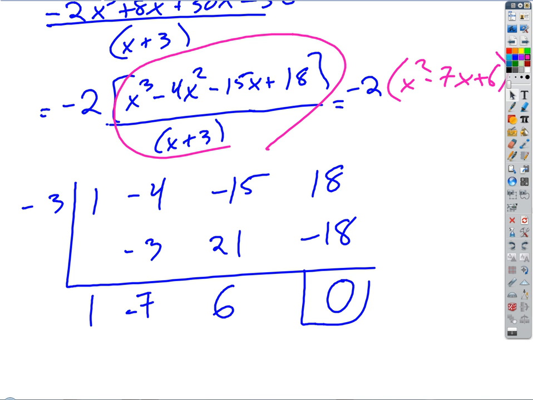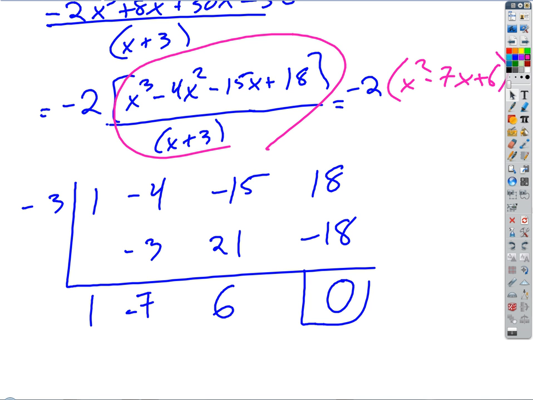Okay, good. By dividing this, I want you to see something else here. What we really did was find out what the other factor was that we multiply by x plus 3 to get that.